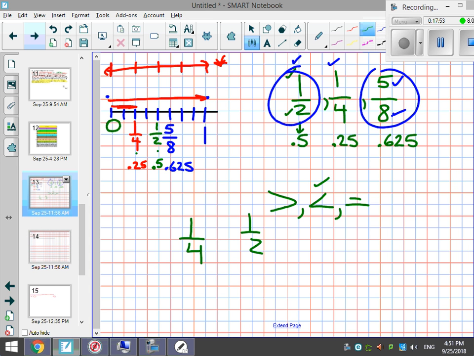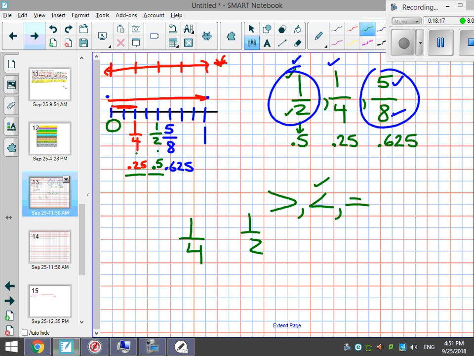And I should be able to say that this one here, 1/4, is smaller than 1/2. It is closer to 0. It's a smaller number. And if I need a backup, I can look at my decimal numbers.